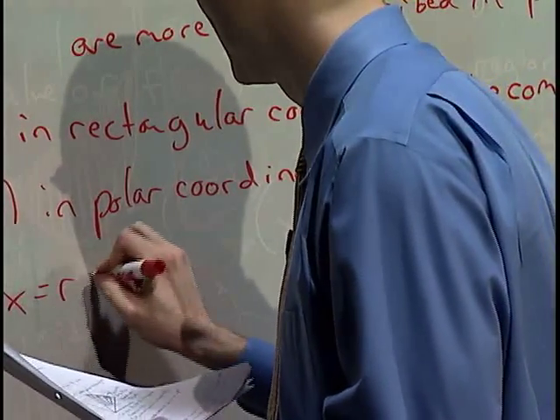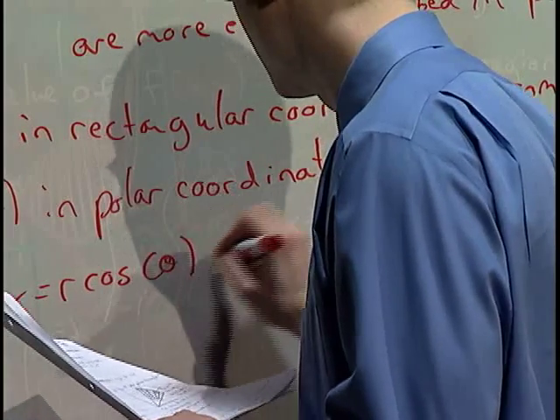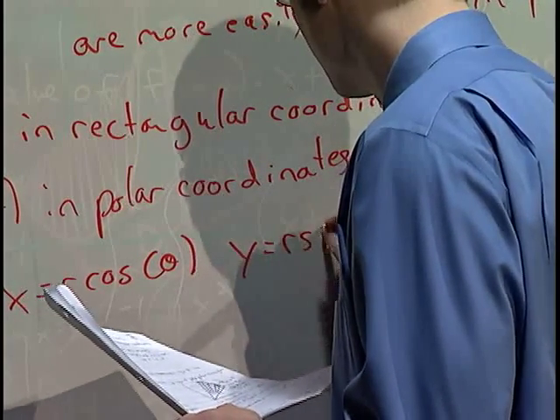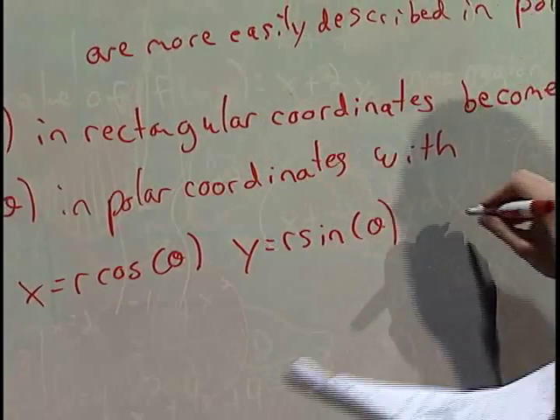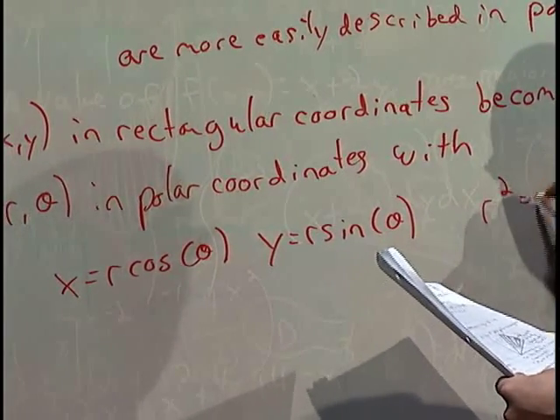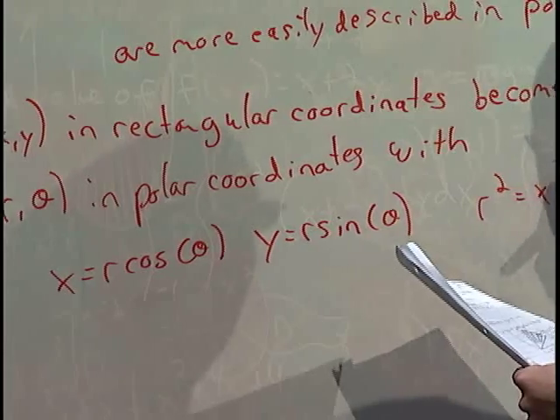So x is r cosine theta, y is r sine theta, and r squared is x squared plus y squared.